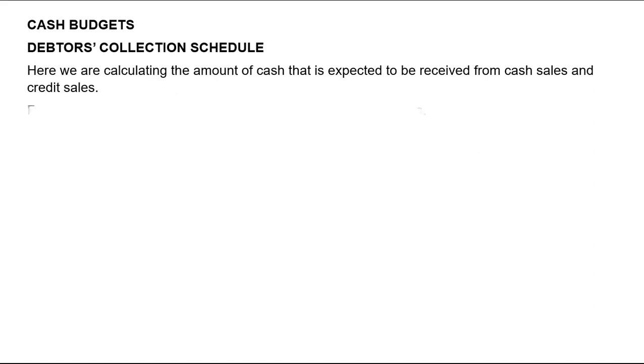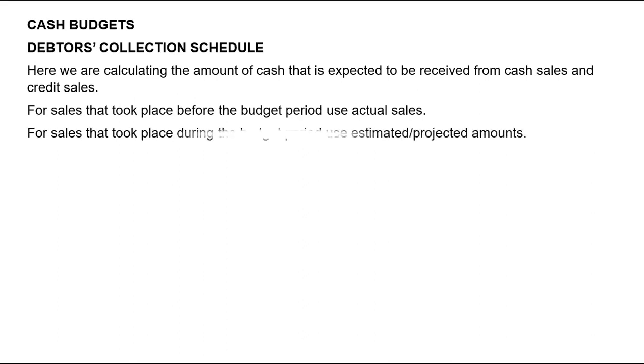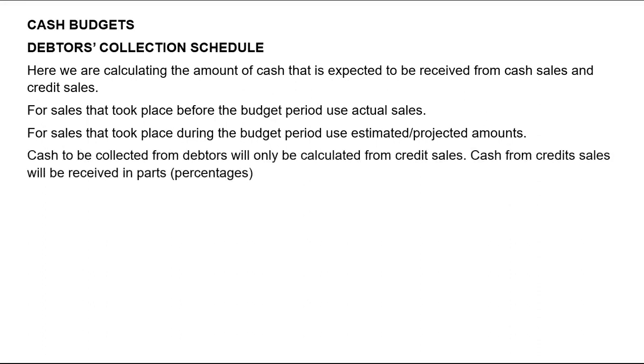For sales that took place before the budget period, we use actual figures, and I did explain this in the previous video. For sales that take place during the budget period, we use the estimated amount. Cash can be collected from debtors and will only be calculated from credit sales.